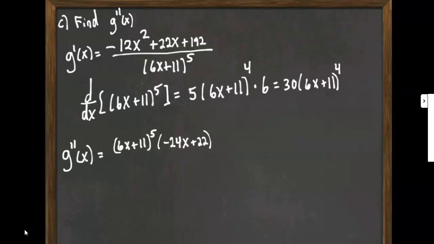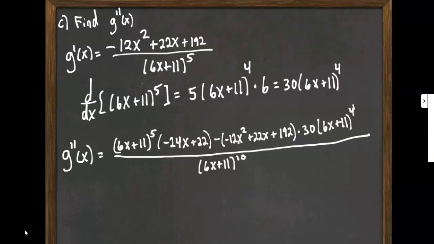And then that's going to be minus the top, negative 12x squared plus 22x plus 192, times what we've found now to be the derivative of the bottom. That's why I like to get it out of the way ahead of time so I can use it when I need it. So that'll be plus 30 times 6x plus 11 to the fourth, and that'll be all over the bottom squared, which would make it 6x plus 11 now to the 10th power.